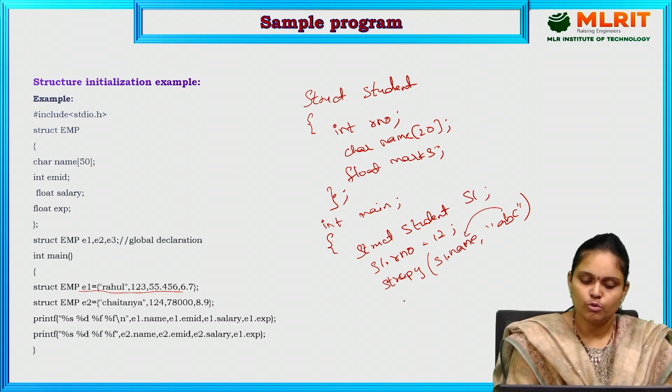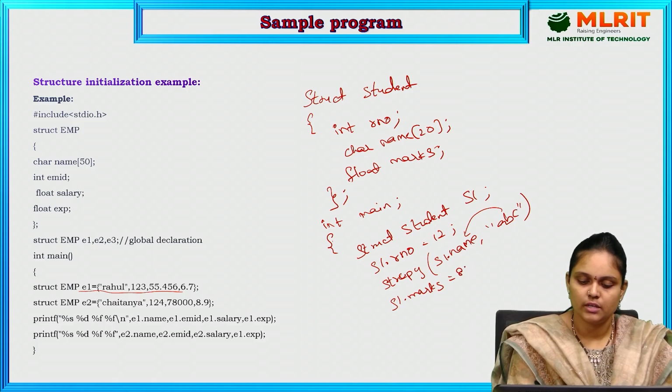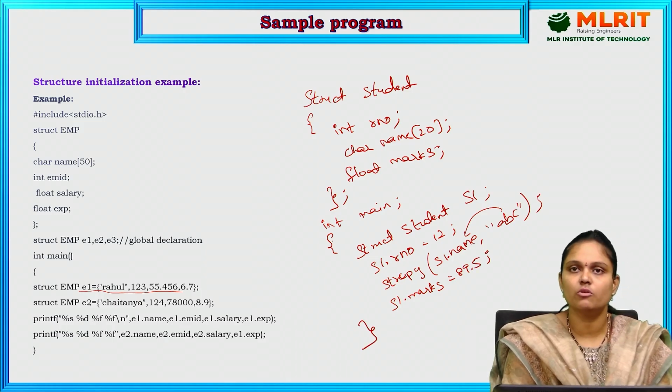And for float marks we can directly give s1.marks equals some 89.5. In this way the initialization is also possible.